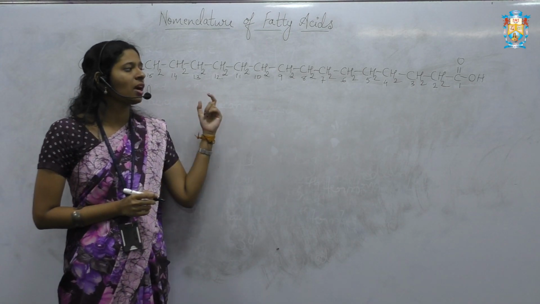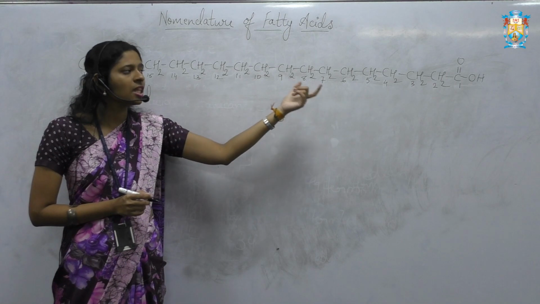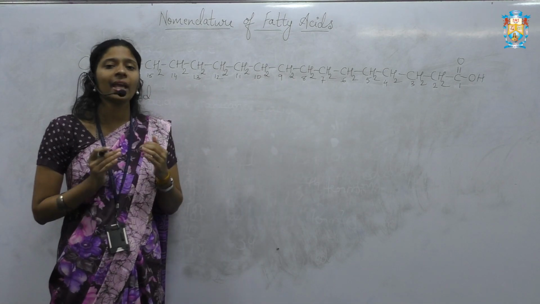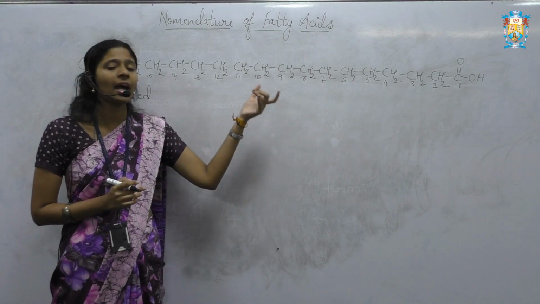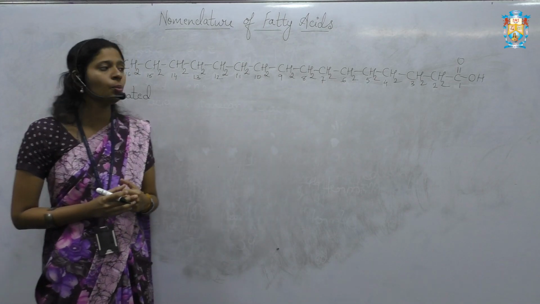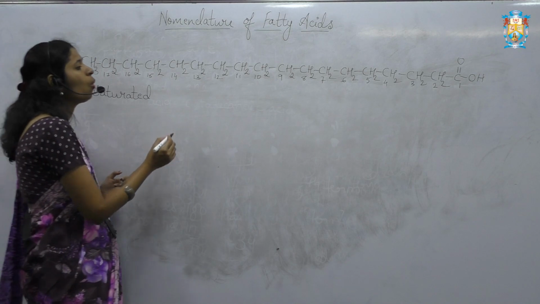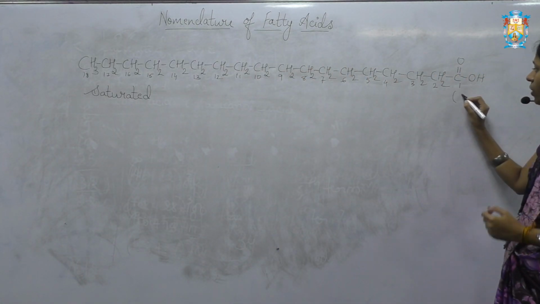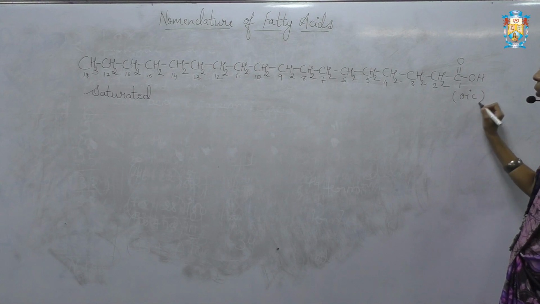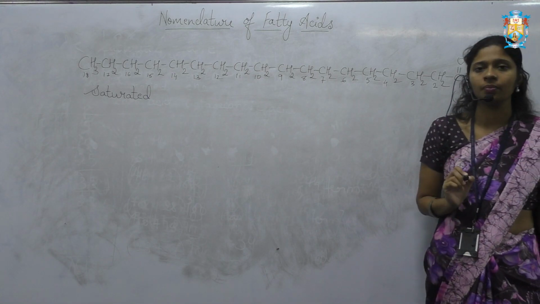So once I want to start the naming, since there is an acid group present, for any functional group there is a particular name. So here, as it is a carboxylic acid group, the naming will be OIC. So this particular functional group will be named as OIC.